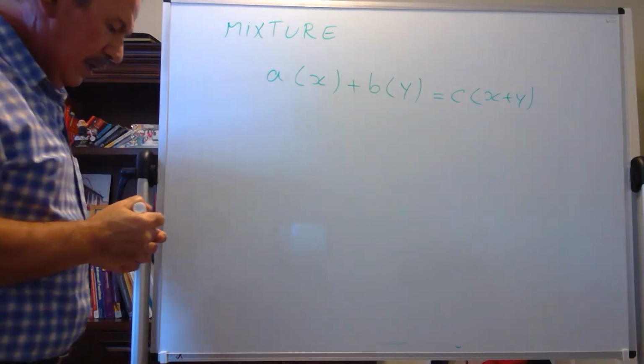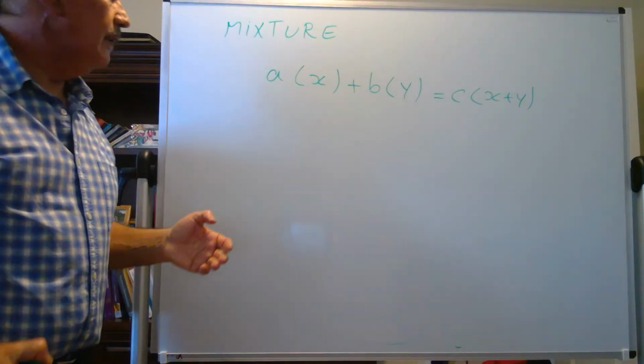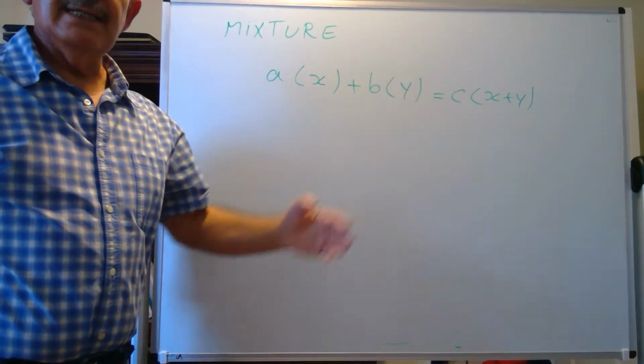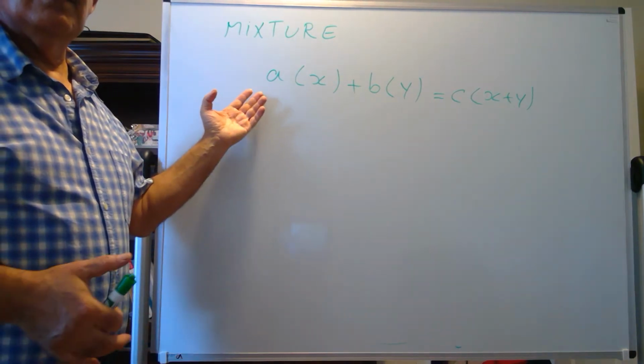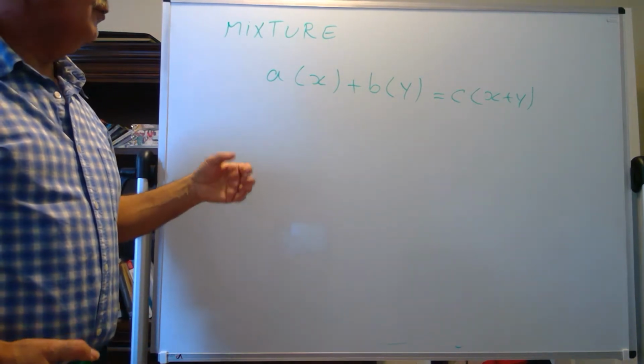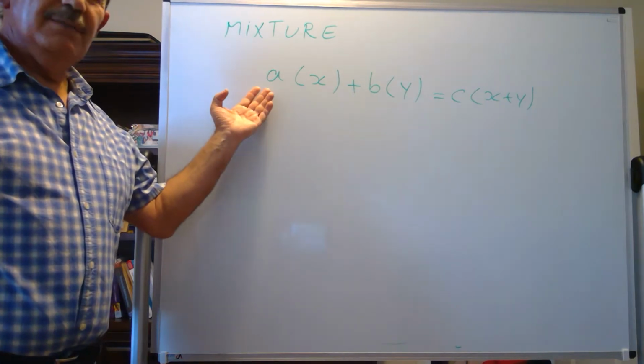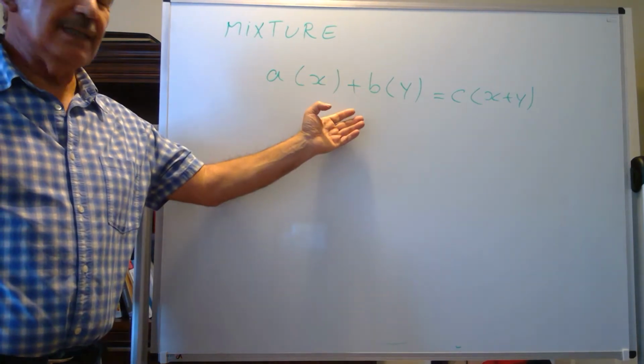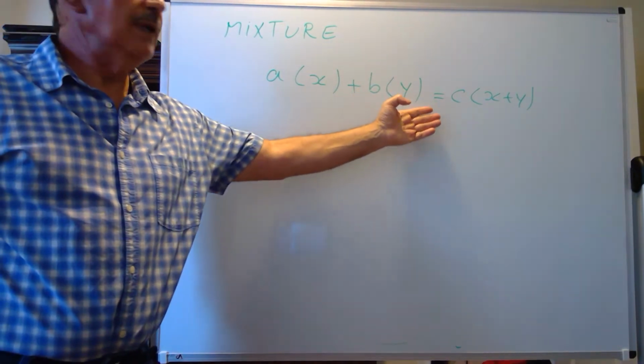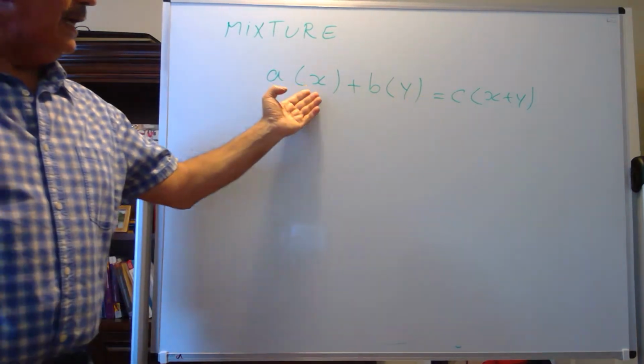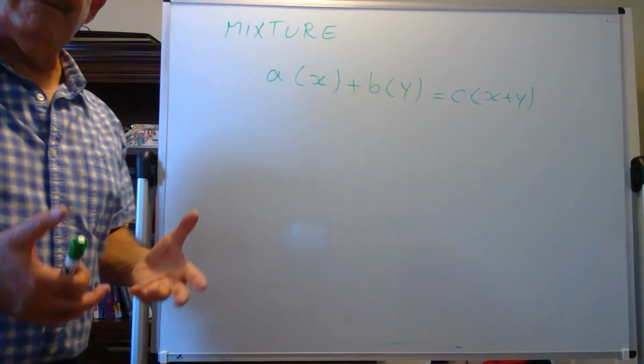X and y are the amounts. A, B, and C can be price, dollars per kilogram, or percentage. 30% alcohol with 90% alcohol gives us how many percent of the result. So X, Y are the values.